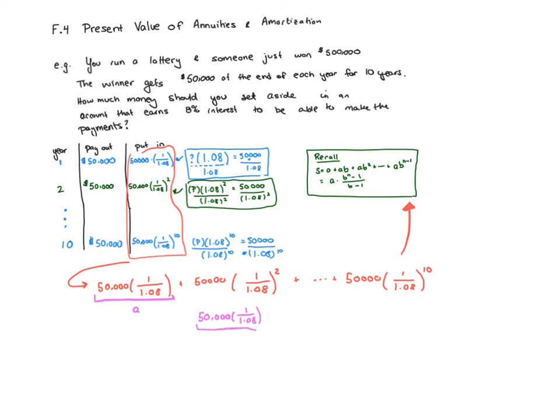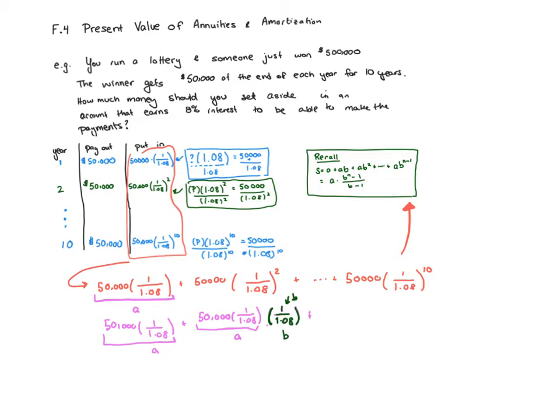That gives me my A, and then I'm left with one more, 1 over 1.08, and that is going to be my B. So my first term is that 50,000 times 1 over 1.08. That's my A. And then this term here, that is my B.